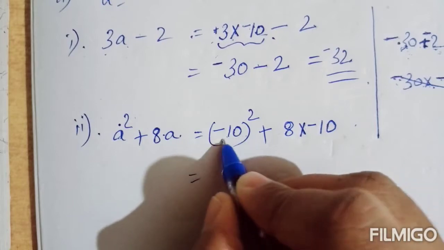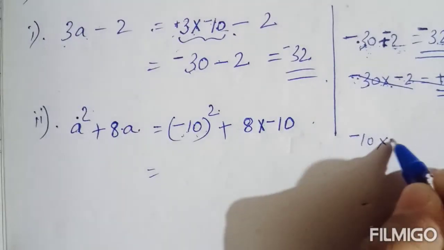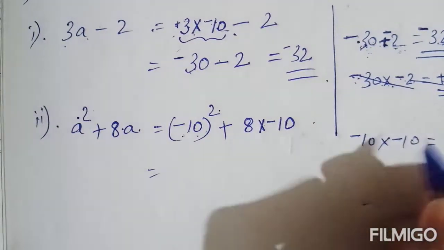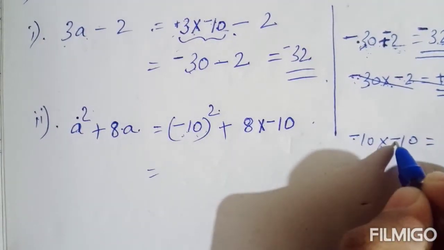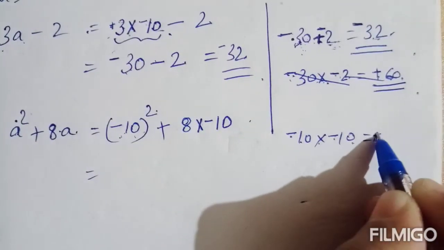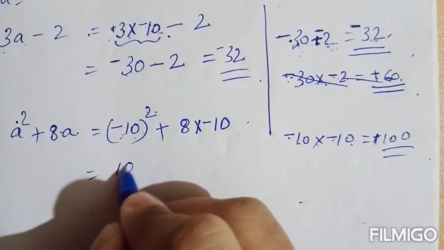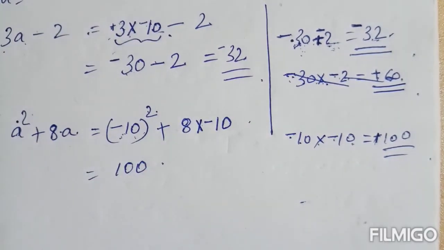Now finding this value, minus 10 whole square is minus 10 into minus 10. Negative into negative is positive. 10 into 10 is 100. So minus 10 whole square will be positive 100, or simply 100.